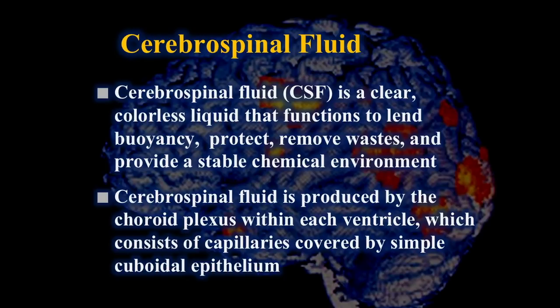Okay? The cerebrospinal fluid is produced by the choroid plexus, which we saw a little bit ago, and it's found within each ventricle. So every ventricle has its own choroid plexus to produce its own cerebrospinal fluid. The choroid plexus is a bunch of capillaries, so blood vessels, covered by simple cuboidal epithelium.